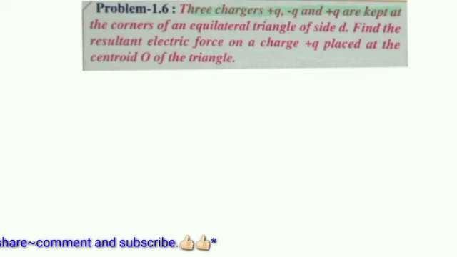Three charges plus q, minus q and plus q are kept at the corners of an equilateral triangle of side D. Find the resultant electric force on charge plus q placed at the centroid of the triangle.